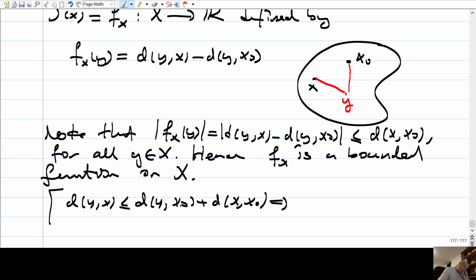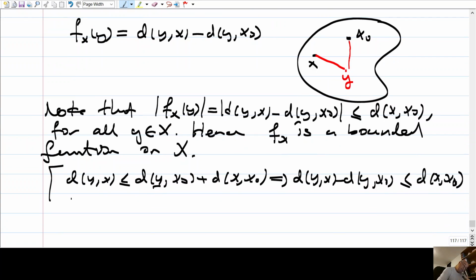And therefore, if I take this to the other side, we get d(y,x) minus d(y,x0) is less than d(x,x0). And then if you interchange x and x0, you get d(y,x0) minus d(y,x).